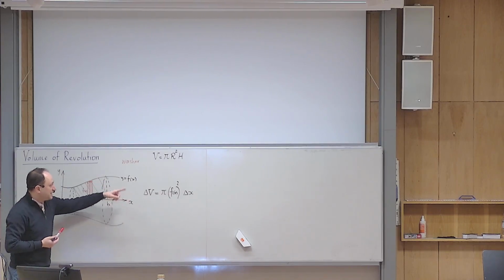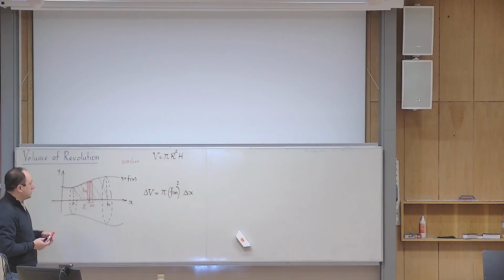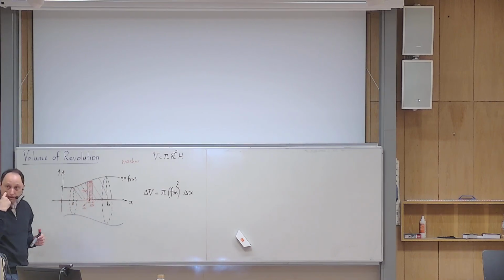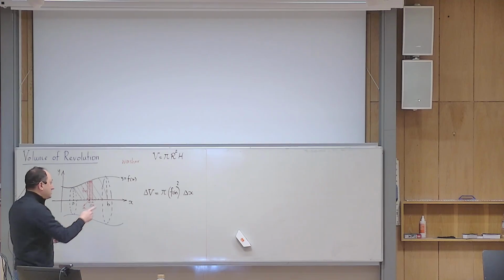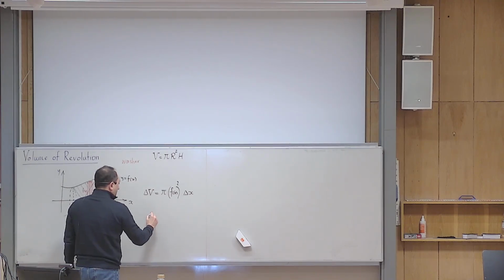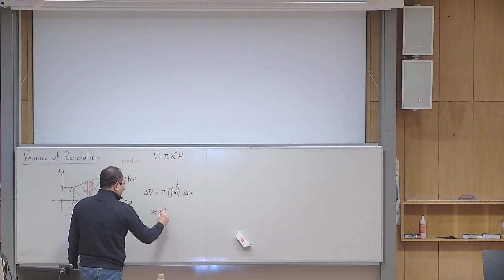But this is not the exact value for what I want, because what I want to rotate is not this rectangle, it is this shape, which I don't even know what the name is. I just want to rotate that one, yes? So it means that this is not exactly the volume that I want, so that is approximately equal to the volume that I'm calculating.